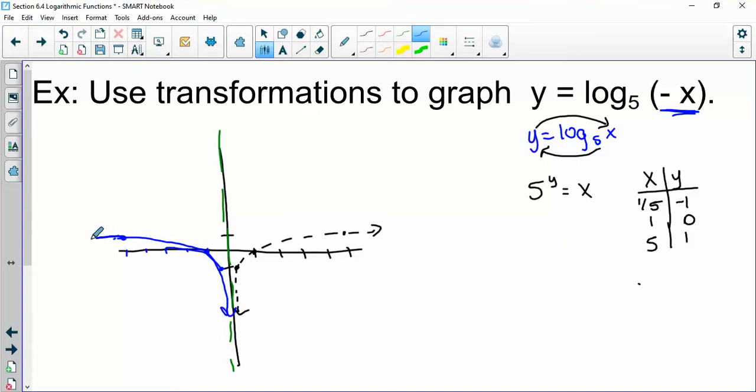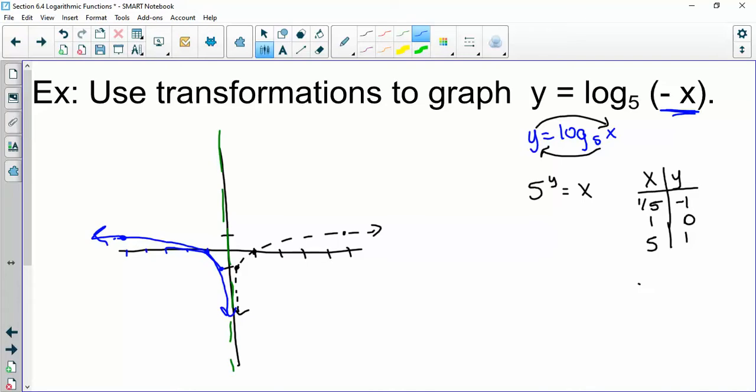Final graph should look like this. Questions on that one? Do we need some more transformation problems?